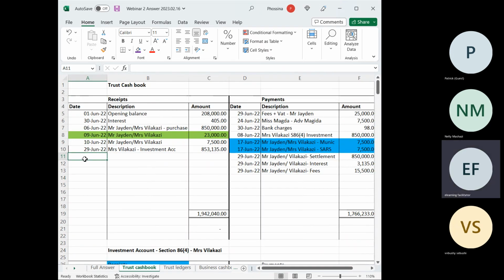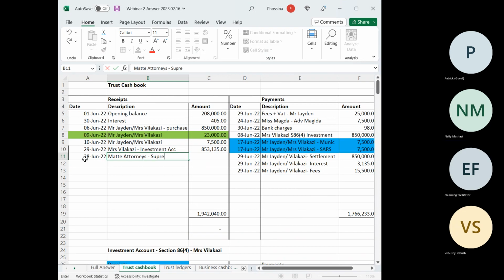So if we are receiving money in our trust account, we come to our trust account and receive it. Our client, remember, is Met Attorneys, and the money is coming from Supreme Services. So it's a deposit, 15,000.